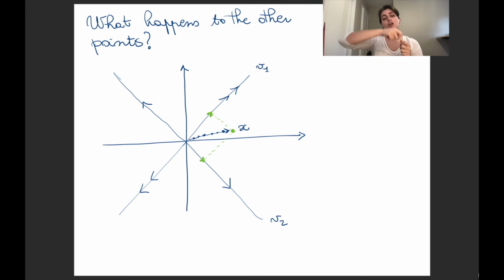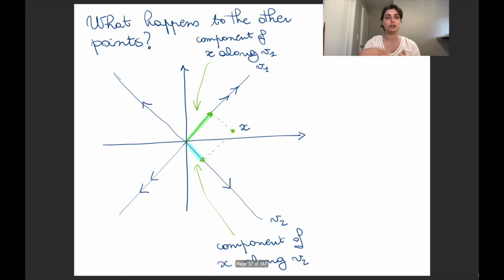So if you have a vector x that can be written as a sum of a component in V1 and a component in V2, those two components, we know how they work. The component of x along V1 is going to behave as V1, while the component of x along V2 is going to behave like V2.